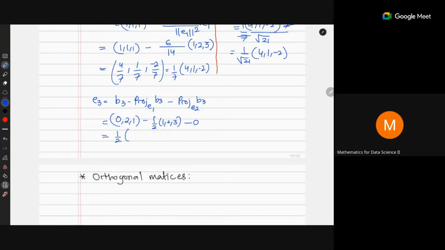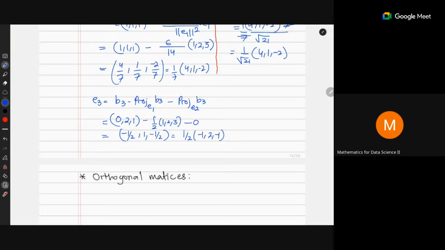So it will be minus 1, 2 minus 1, so minus half, 2 minus 1, 1 minus half, which is going to be minus half. All right. So I can take half out and then it will be just minus 1, 2, minus 1.